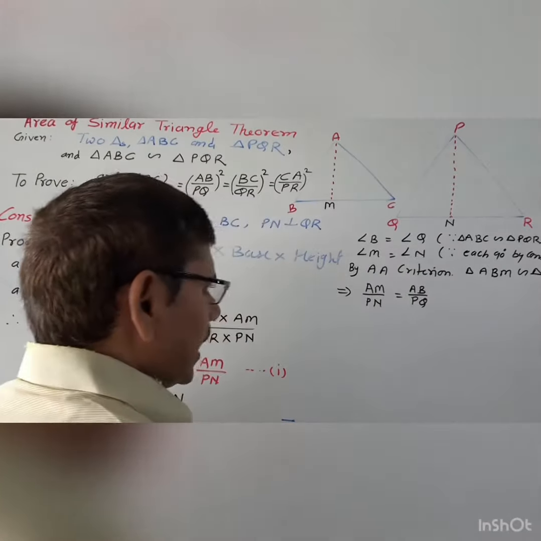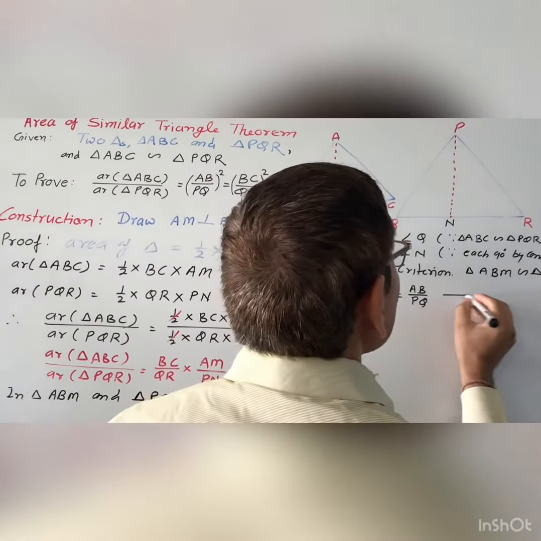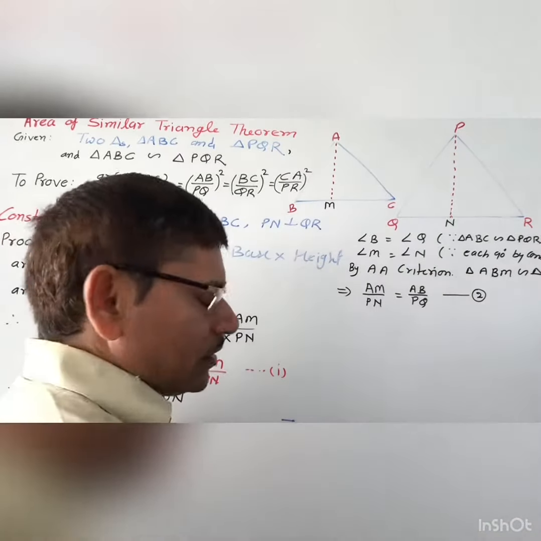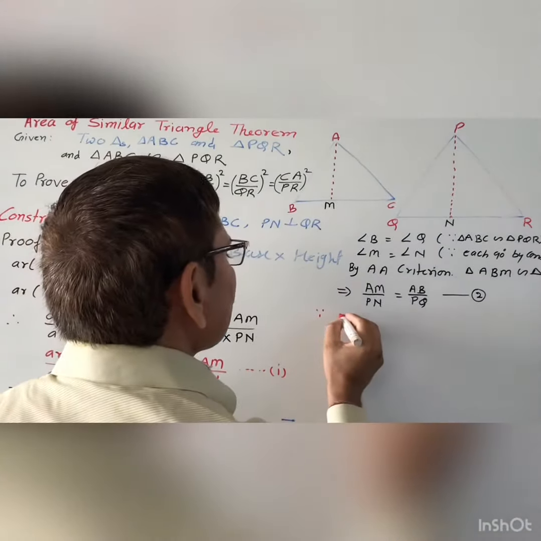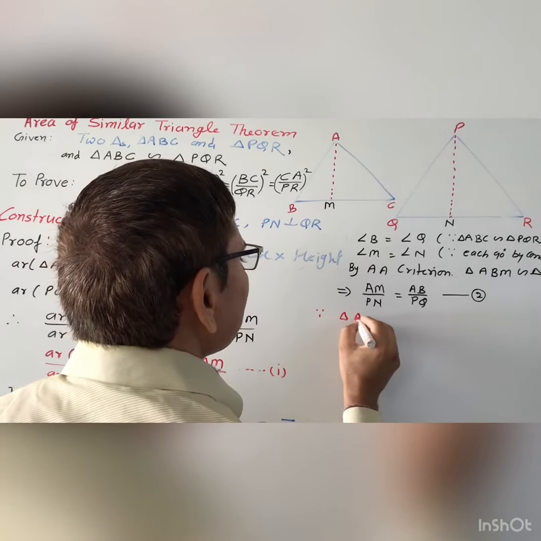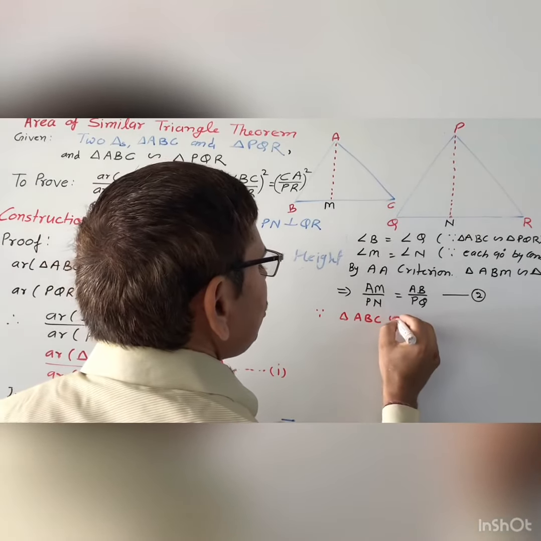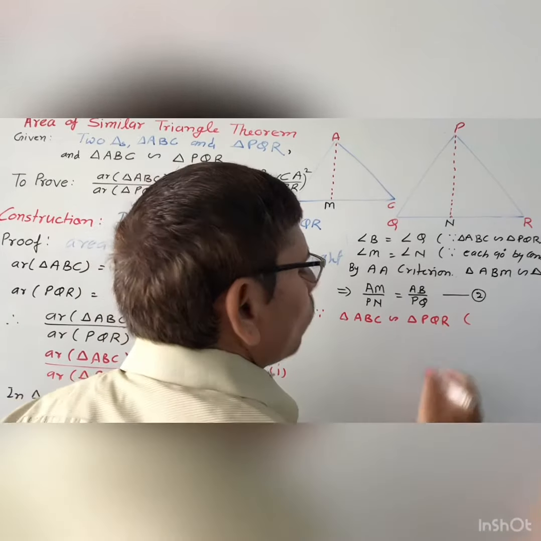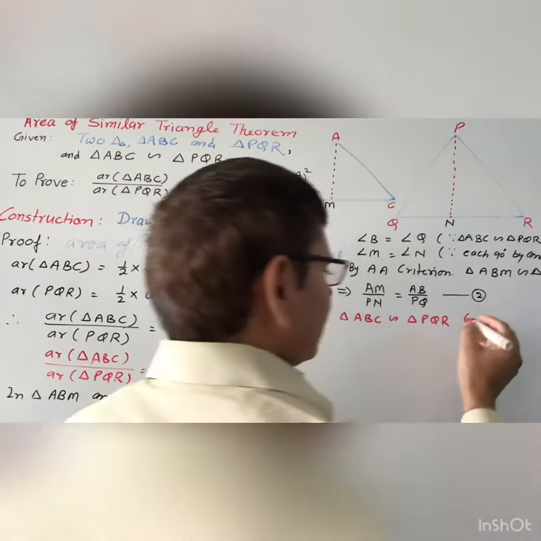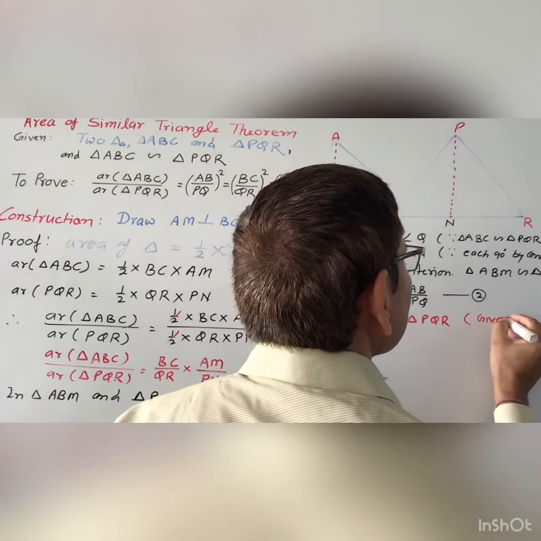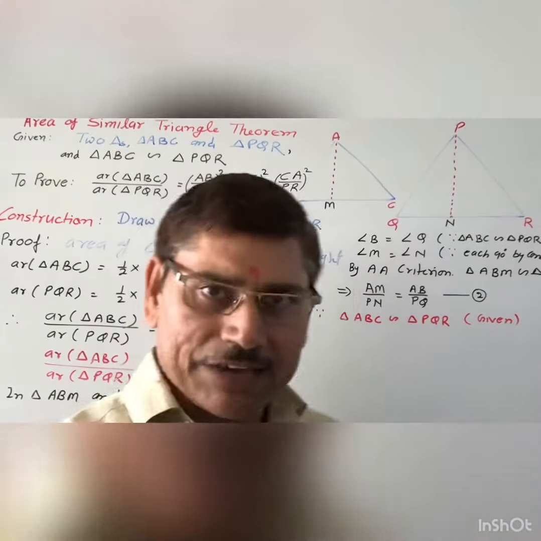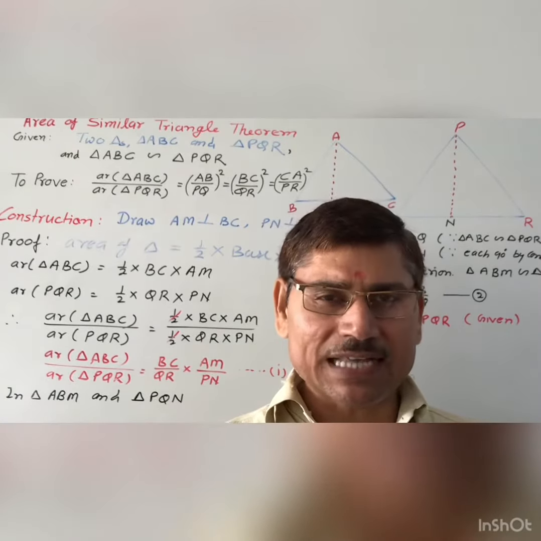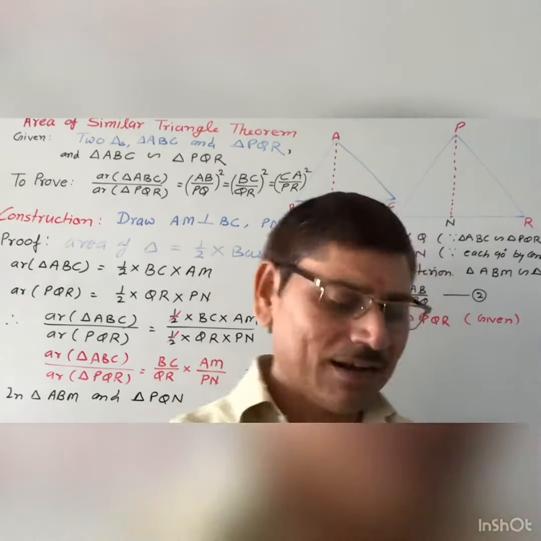So this is equation number 2. Okay. Now, since triangle ABC is similar to triangle PQR, why? This is already given. These two triangles are similar. Therefore, their corresponding sides are proportional.